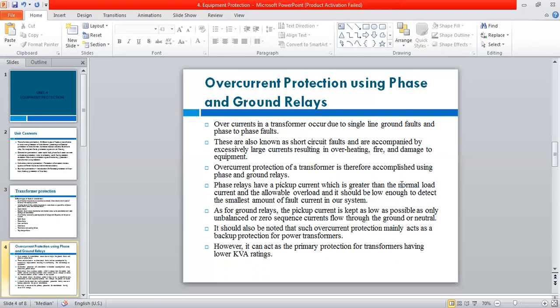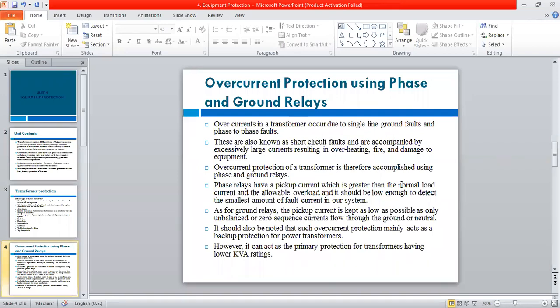When the transformer current is normal, meaning there is no fault, that is a normal working condition, no problem for the working of the transformer. That much current is allowed to flow in the transformer.